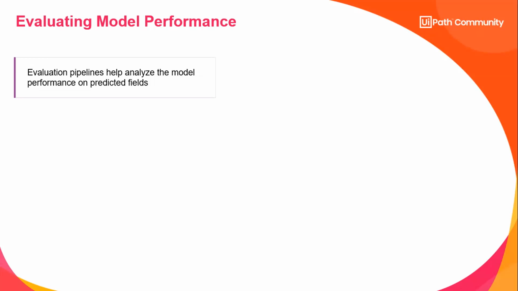One part goes for training, and another part goes for evaluation. When your model is trained, it doesn't tell you how accurate it is on all the document types or the fields. You need to run it and test it.